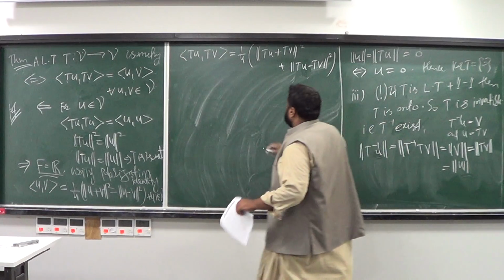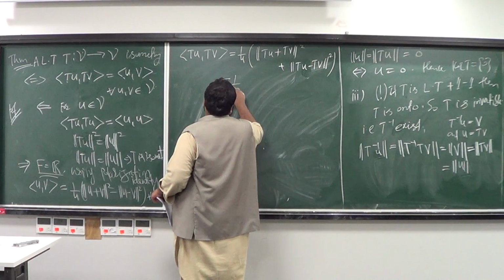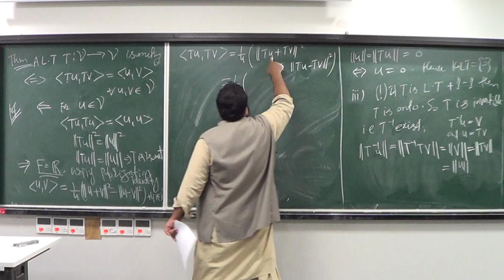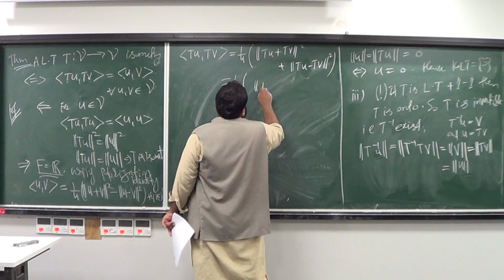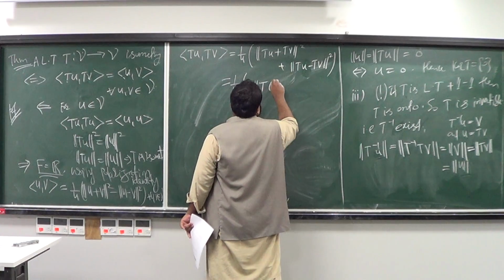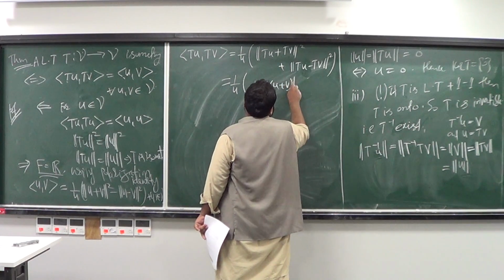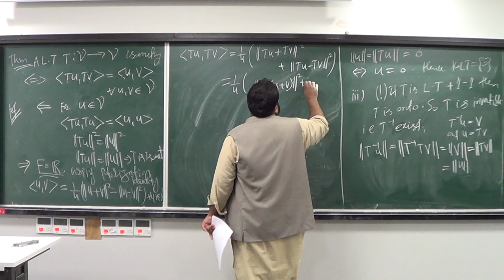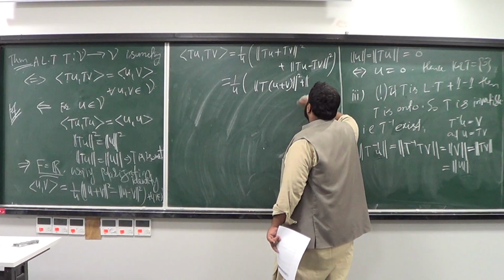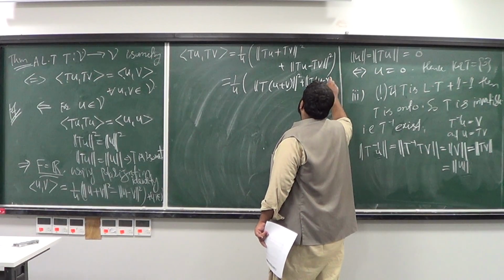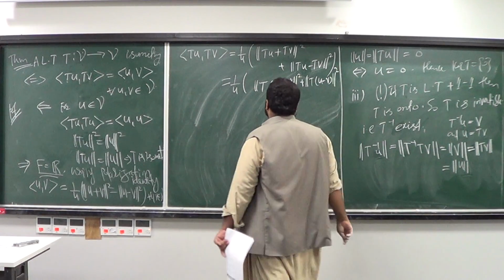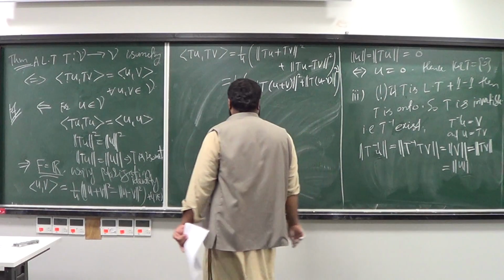Now I'm going to use the linearity of the transformation and the isometry of it. So by linearity, I can write this T of U plus T of V as the magnitude squared of T of U plus V, plus the magnitude squared of T of U minus V. I hope you agree with me.